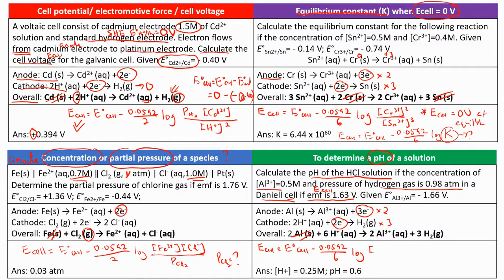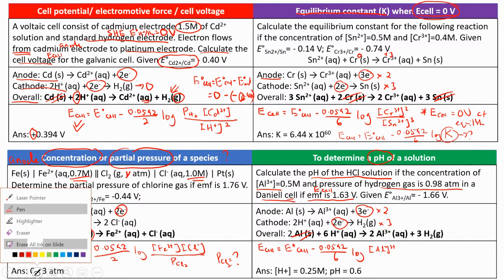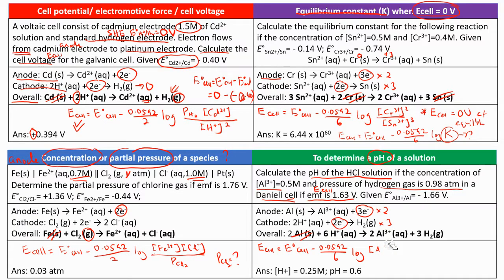So we will get aluminium 3 positive squared, hydrogen gas to the power of 3, and then hydrogen ion to the power of 6.